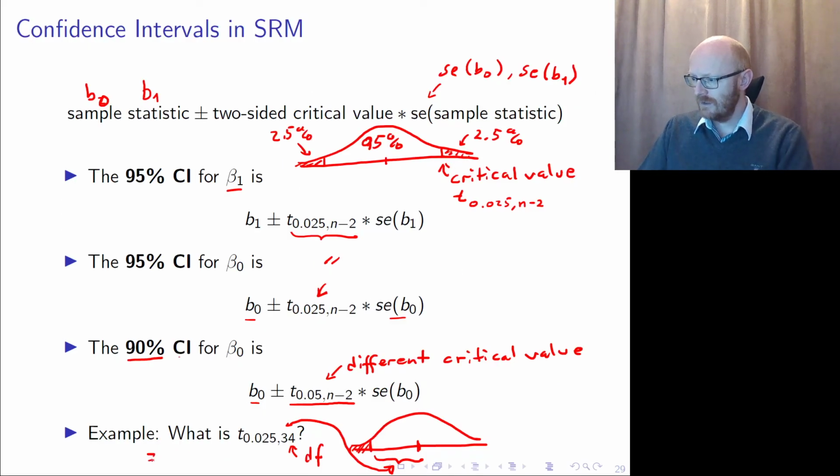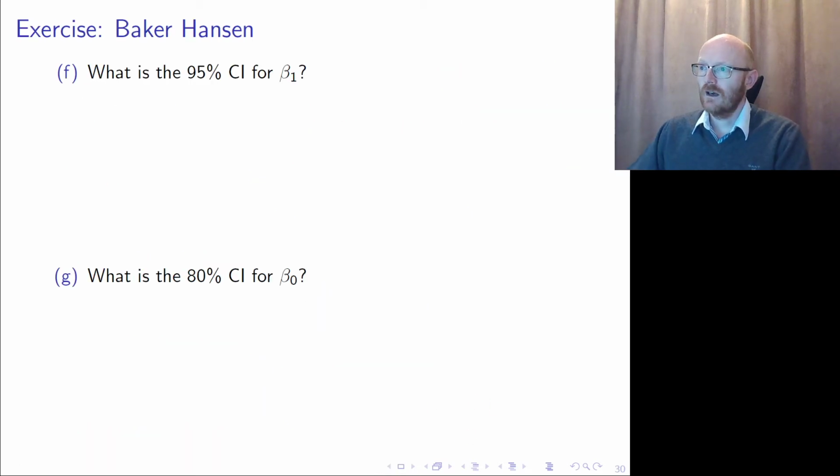So that would be, from the table, equal to 2.032. Okay? And what is the 95% confidence interval for the slope in our regression model for Bucket-Hansen?